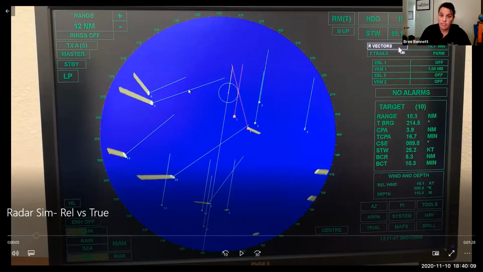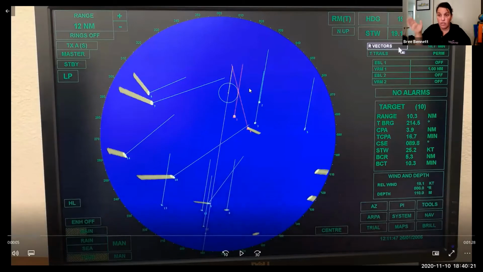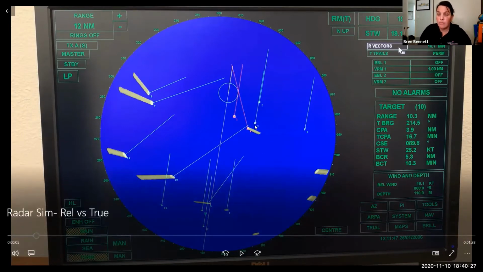That's their relative path. These guys who weren't moving at all, their relative path is reciprocal of my course and speed. So they're not moving. They're dead in the water. They're just going to continue on. Their relative motion line is opposite of my course and speed.